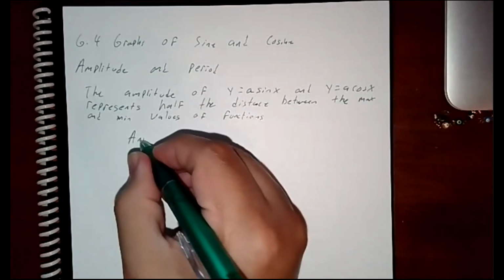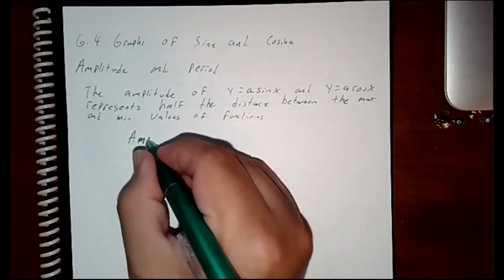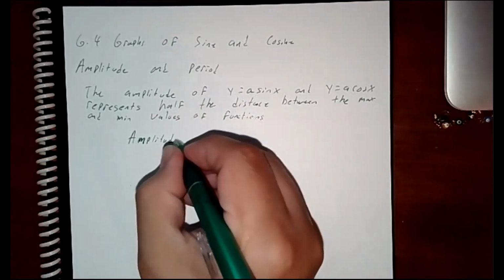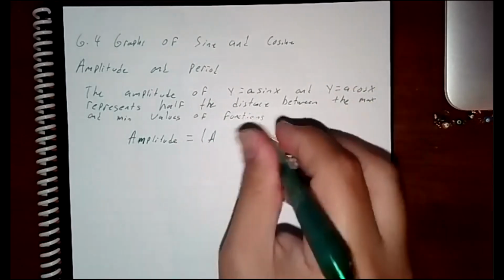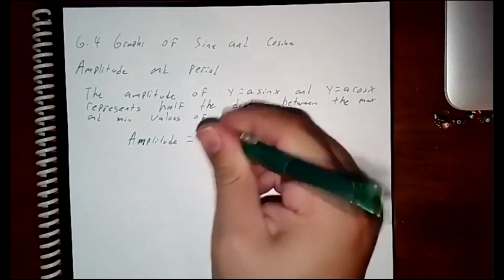So the amplitude is simply just the absolute value of the a, lowercase a, in front of the sine.